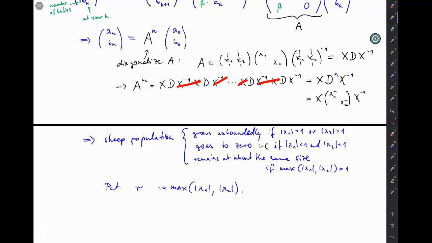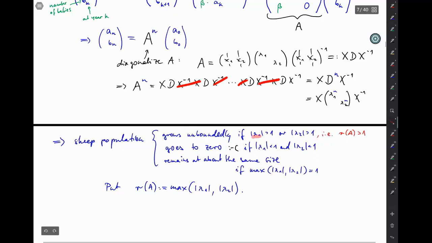Let's call it R, or even R of A, because it depends on the matrix A, because these are the eigenvalues of A. Then in the first case, instead of saying either the first is bigger than 1 or the second is bigger than 1, we could just say the larger of the two is bigger than 1. In the second case, instead of saying they are both smaller than 1, we could just say the larger of the two is smaller than 1. Okay, and the third case is already expressed in terms of our maximum. So we can drop that previous bit here.